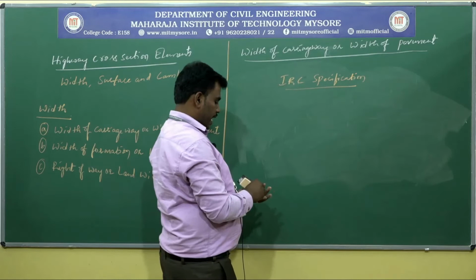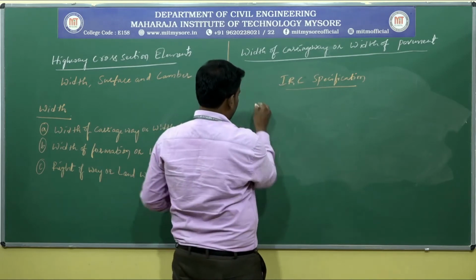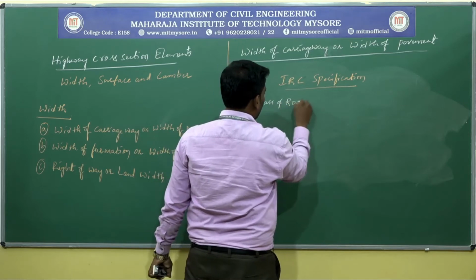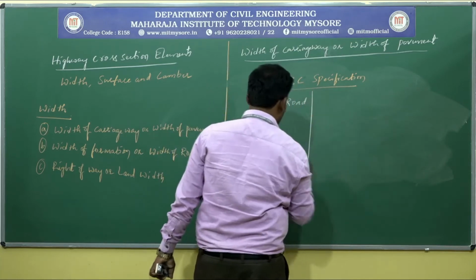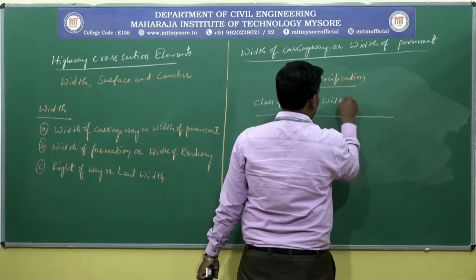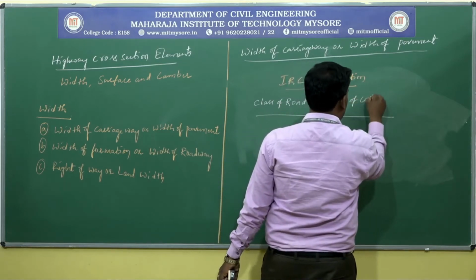for width of carriageway. Okay, first it is class of road, next it is width of carriageway.